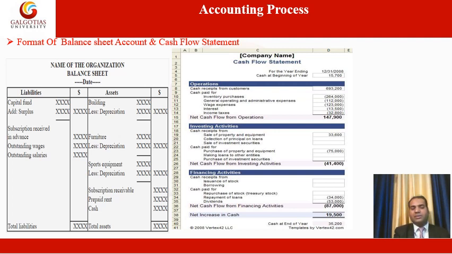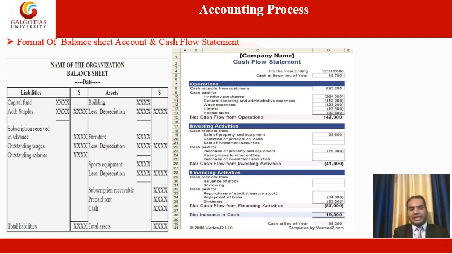And here on the liability side you have to write the capital fund, and in the capital fund you have to add the surplus, or you can subtract loss. Then you write the subscription received in advance, outstanding wages, outstanding salary, long-term liabilities, or short-term liabilities, right?